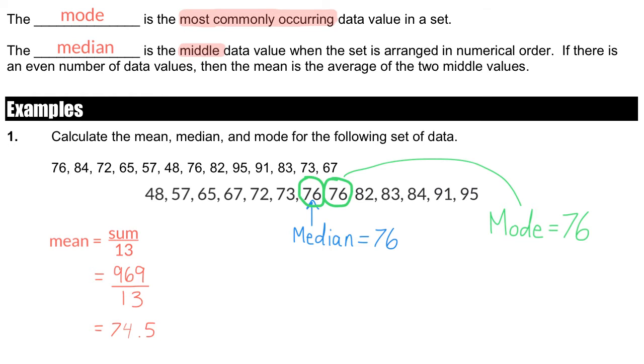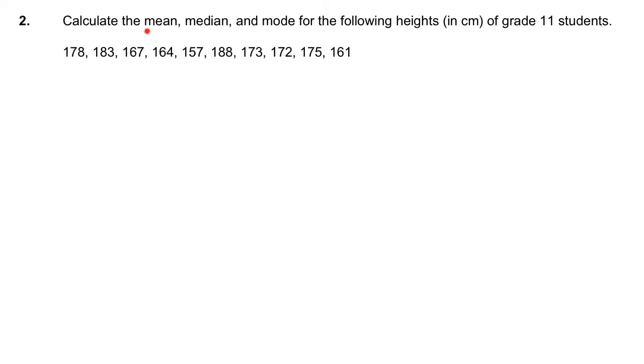Let's do the next example. Calculate the mean, median, and mode for the following heights in centimeters of grade 11 students. So here I have a list of heights. I'm going to do the same method that I did in the previous example. First, I'm going to order my list from lowest to highest.